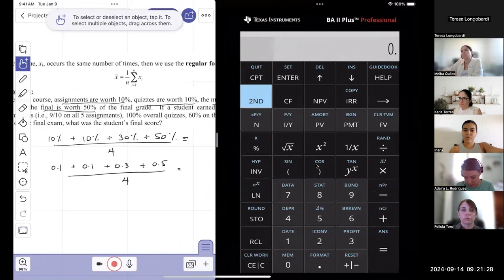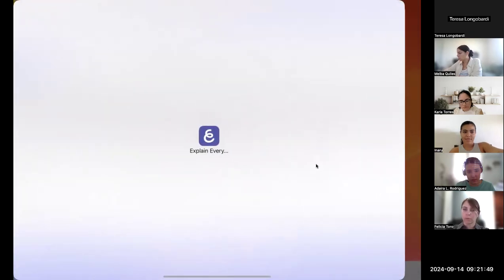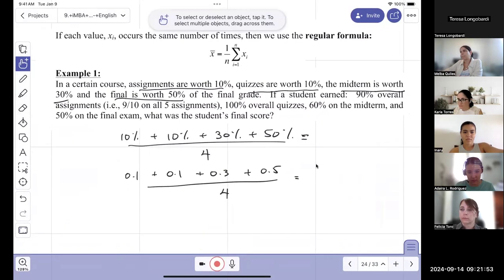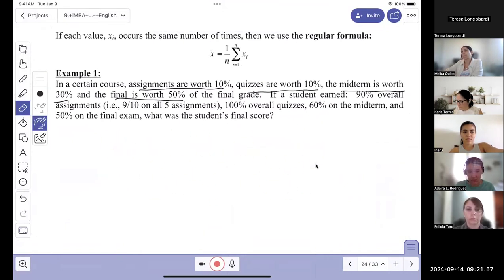So if I said, 10 plus 10, oh, start again, 10 plus 10 plus 30 plus 50, and then divide by 4. Oh, sorry, I grabbed the wrong numbers. These are not the numbers I need. The numbers I want are not the weights. I want the results. Sorry for the confusion there.